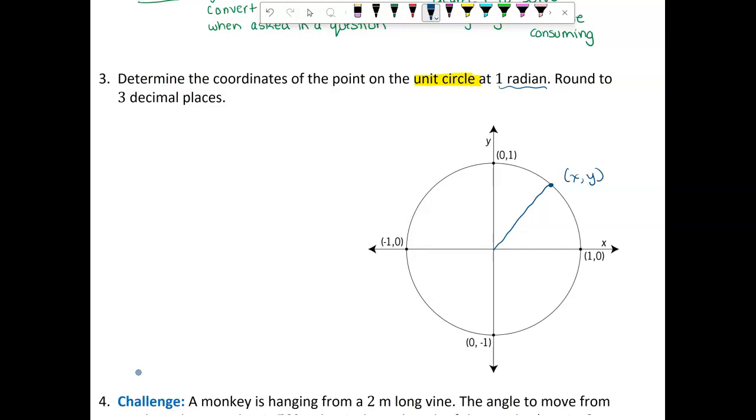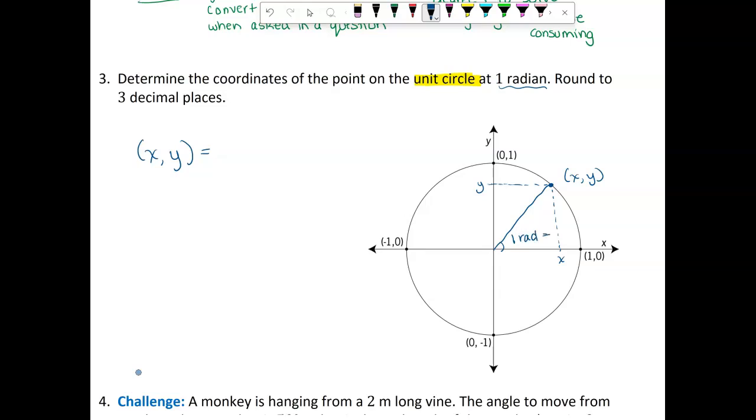Therefore, we have to think about it in terms of our x and our y, and what those exact values are. So we want an x and a y coordinate. We have a unit of measurement for the angles. We know that this angle is one radian, 1 rad.